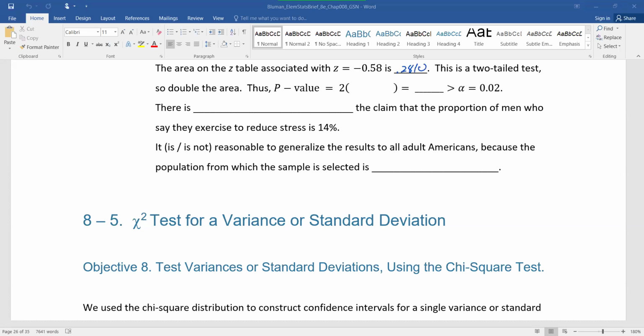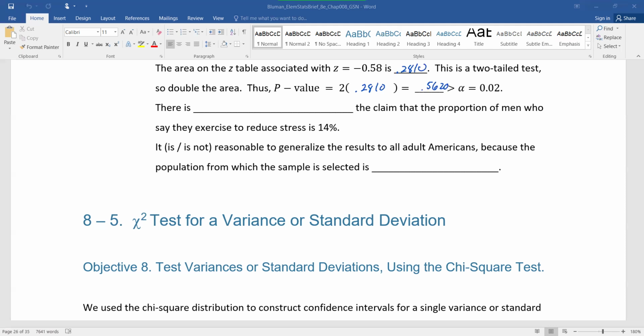This is a two-tailed test, so double the area. So we'll take this probability right here and multiply it by 2, which was 0.2810, and we get the result, and that is greater than 0.02.